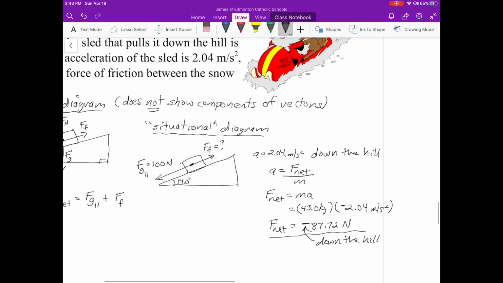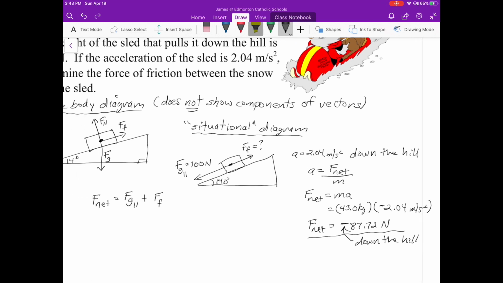So we are given Fg parallel, it's right there. We just calculated net force, and we're trying to find out what the force due to friction is. All right, well, for the force due to friction, we'll solve that expression for Ff. Fnet minus Fg parallel: net force is negative 87.72 newtons, indicating down the hill, minus negative 100 newtons, again down the hill.